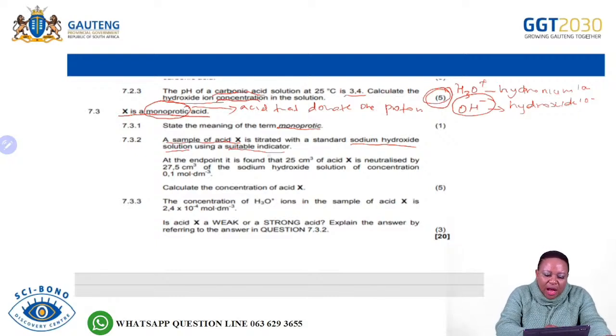Now, you are also told that this sodium hydroxide solution is a standard solution, meaning that we need to know the concentration of that sodium hydroxide solution, because if we are referring to a solution as a standard solution, it means it's a solution of a known concentration.